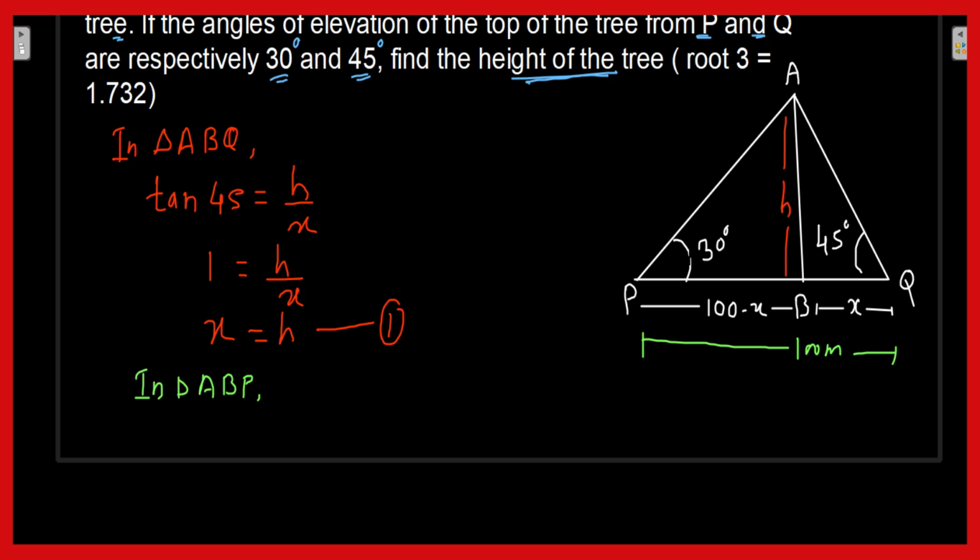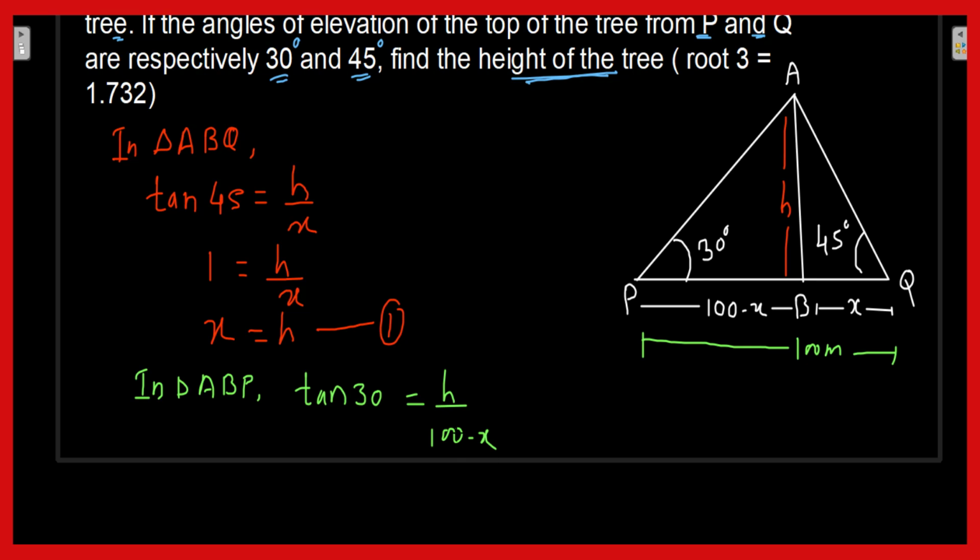So tan 30, that is opposite upon adjacent, will be h upon 100 minus x. So tan 30 is equal to h upon 100 minus x.